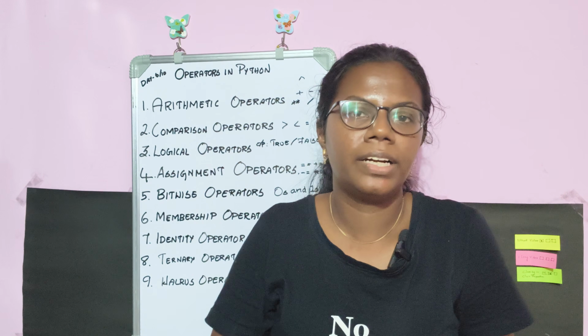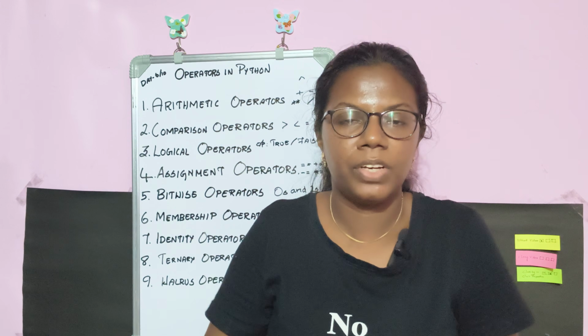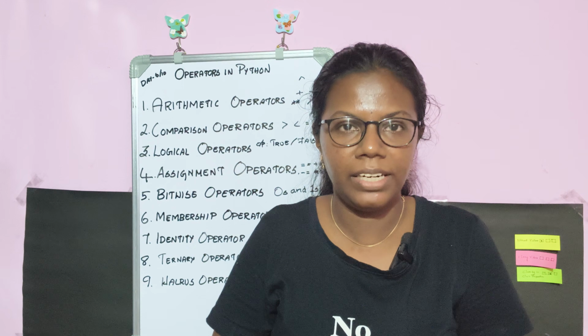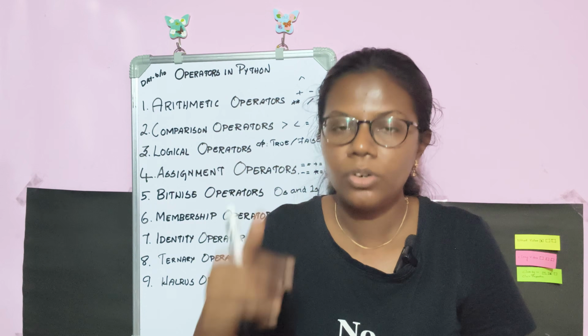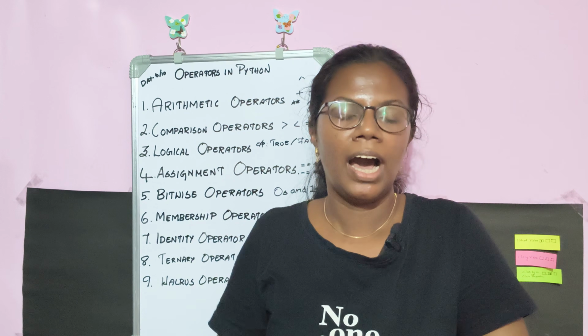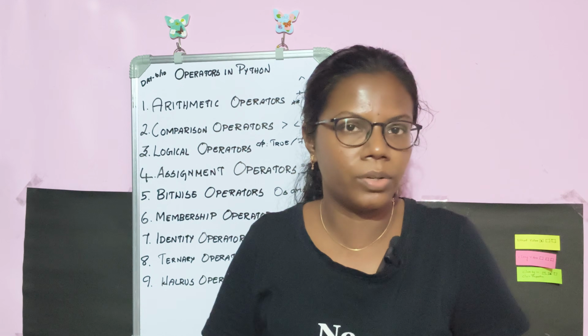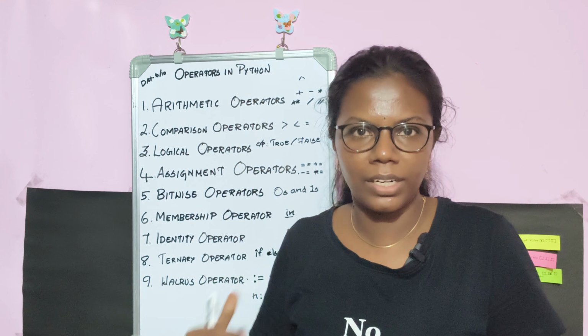If I have a table data set which has so many columns, specifically numerical columns, I can handle the data set in different ways as per my requirement. So for doing those many things, I need to use operators in Python. That is how it is going to work, and you will understand them clearly if I explain these operators now.